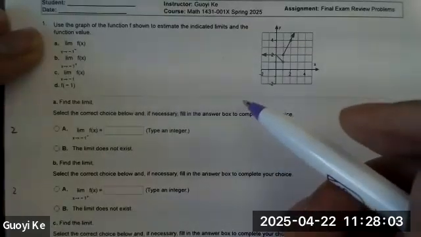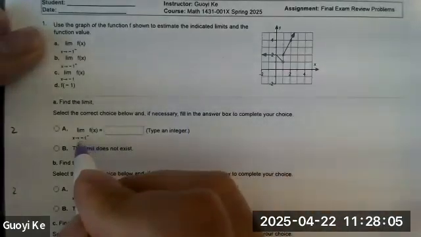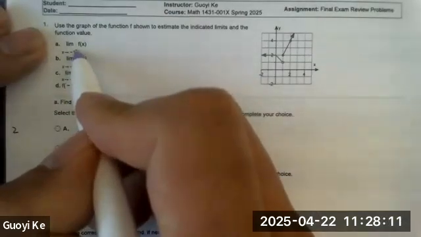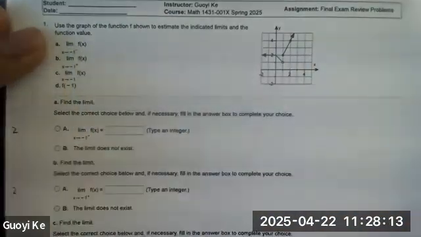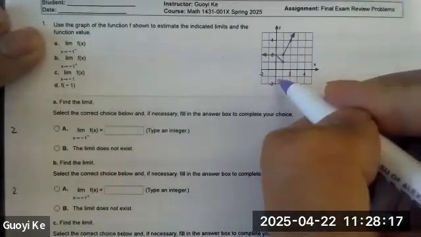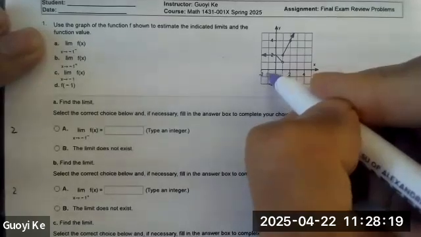The first question is about limits, and here we're gonna find out x approaches -1 from the left-hand side. So on the left-hand side, we go to -1, which is here.